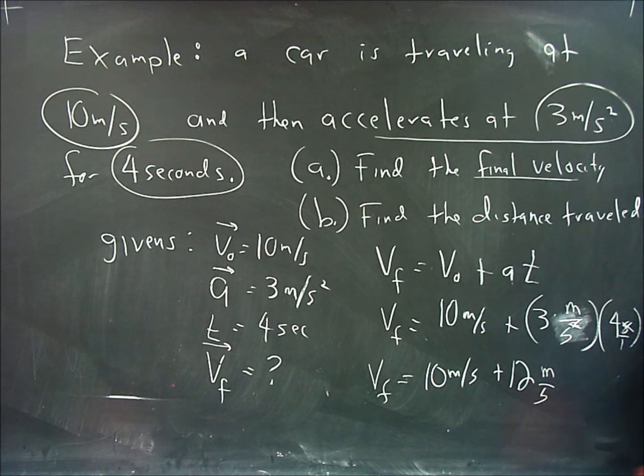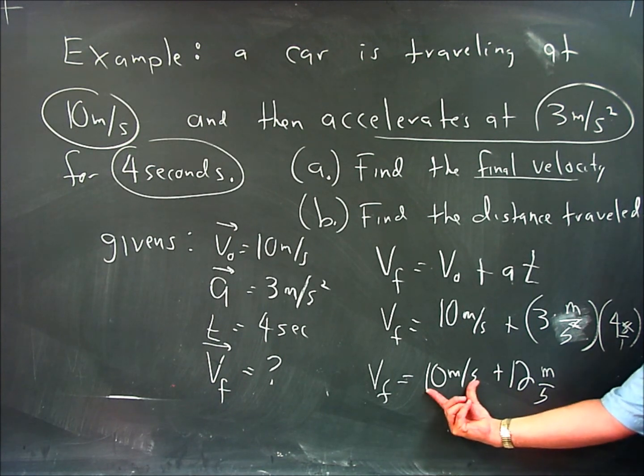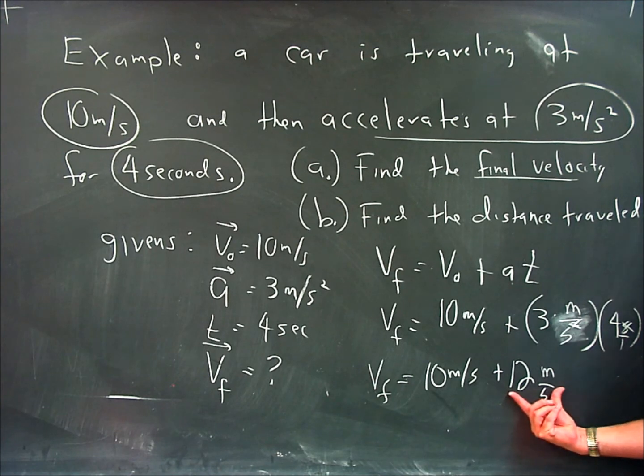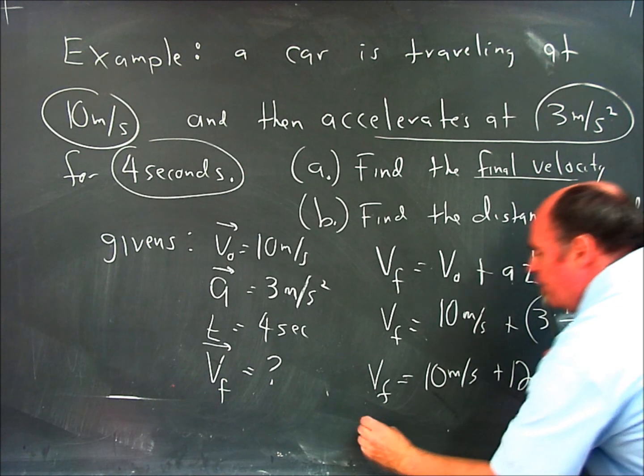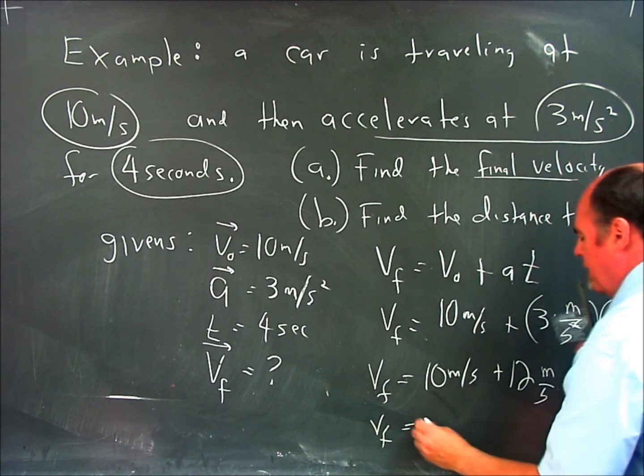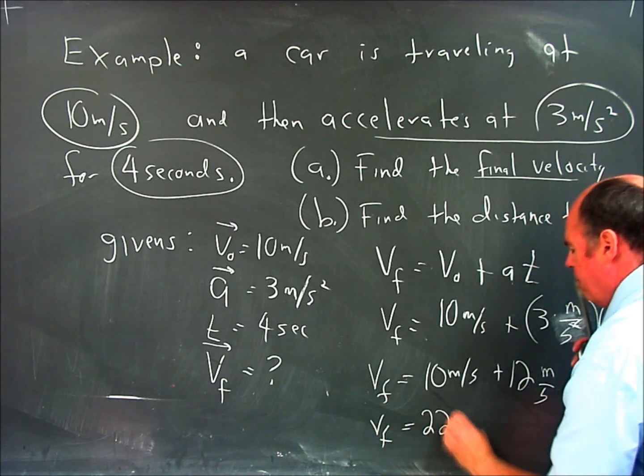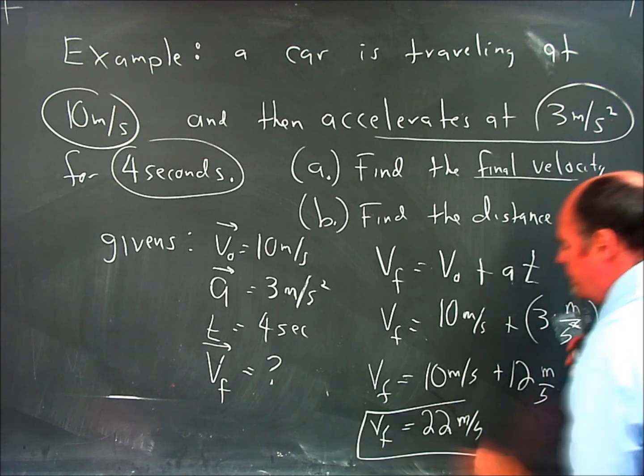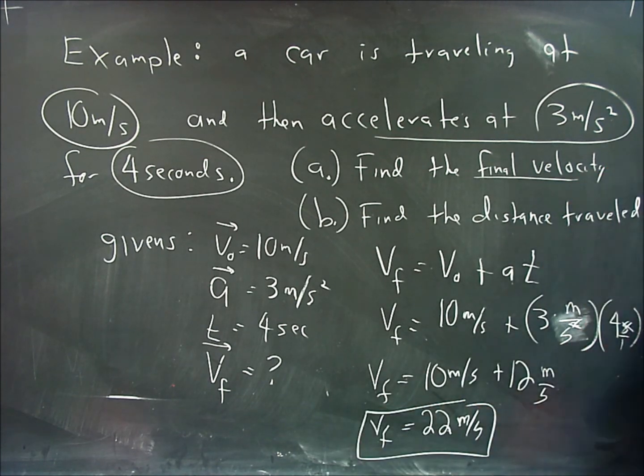Which is a good thing because we did dimensional analysis in Chapter 1, and you cannot add two different terms if they're not exactly alike. This is 10 meters per second. We have to add another unit of meters per second. So 10 plus 12, and the unit's meters per second. The final velocity comes out to be 22 meters per second. Okay, and that's how to do part A for that particular problem.